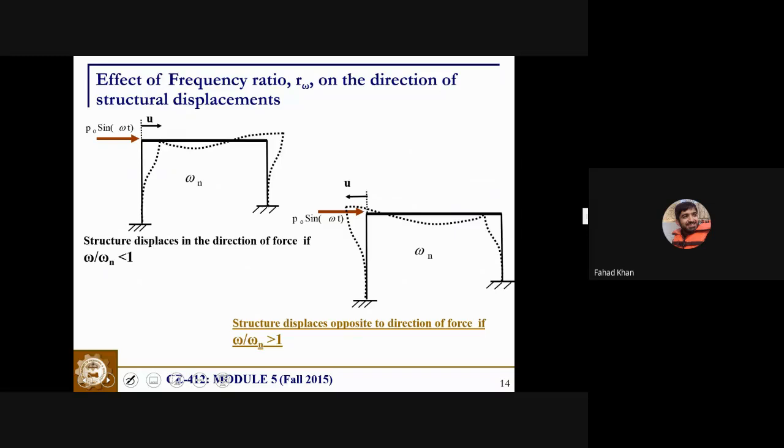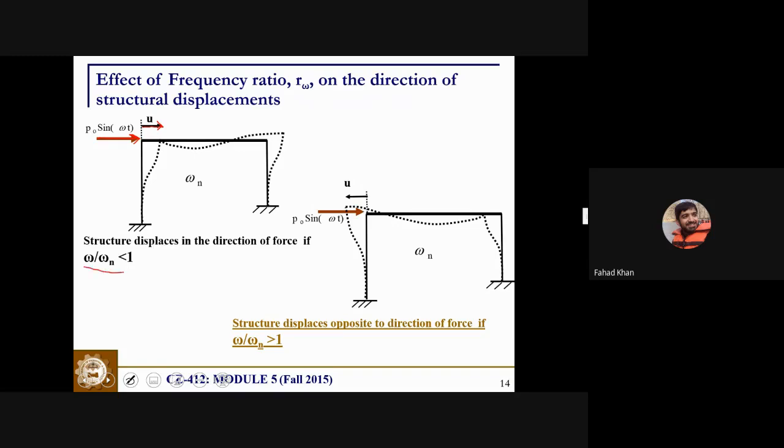Now, here is a situation. If you look at diagram number 1, you will see that the structure has moved in the horizontal direction. This is our direction of displacement, and P naught sine omega t is also in the same direction.